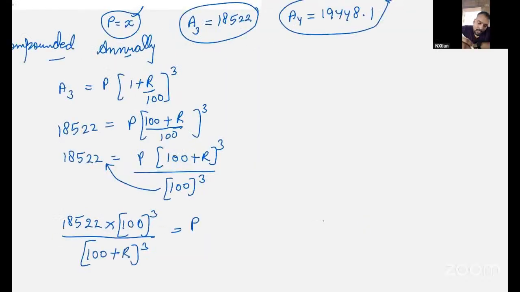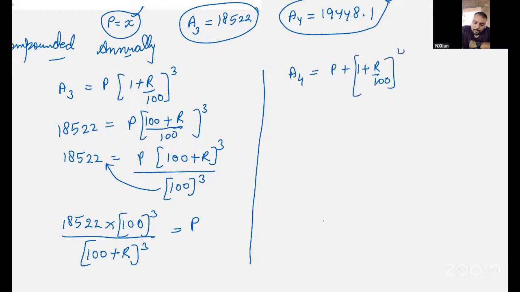In the same way, we have to do the A4 one also. Like A4 is equal to P into (1 plus R upon 100) as the power 4. Now A4 is 19448.1. No, it's not plus, multiply. And the P, the same thing I will do: (100 plus R) upon 100 and the common power is 4.